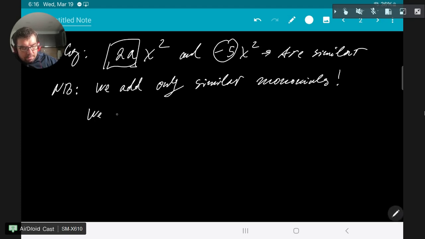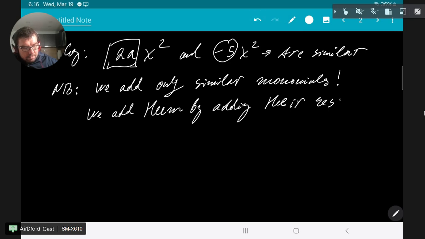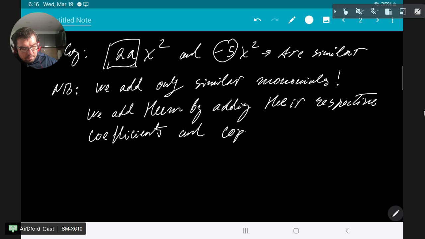We add them by adding their respective coefficients and copying the variables.